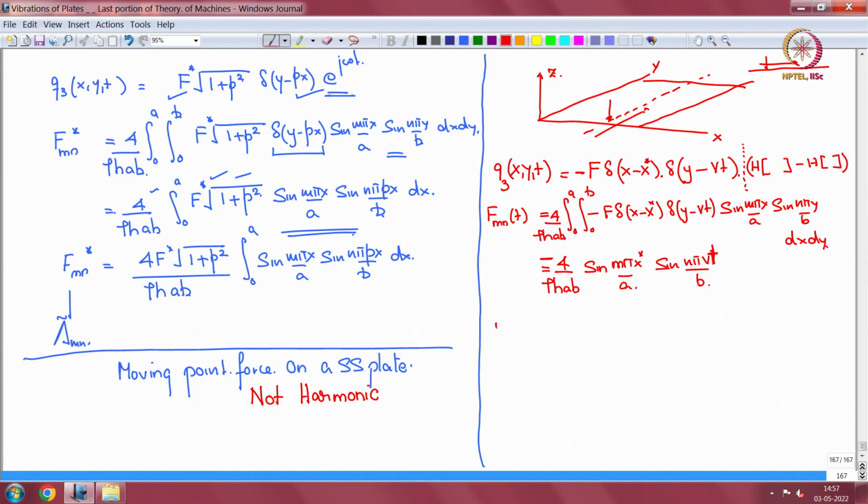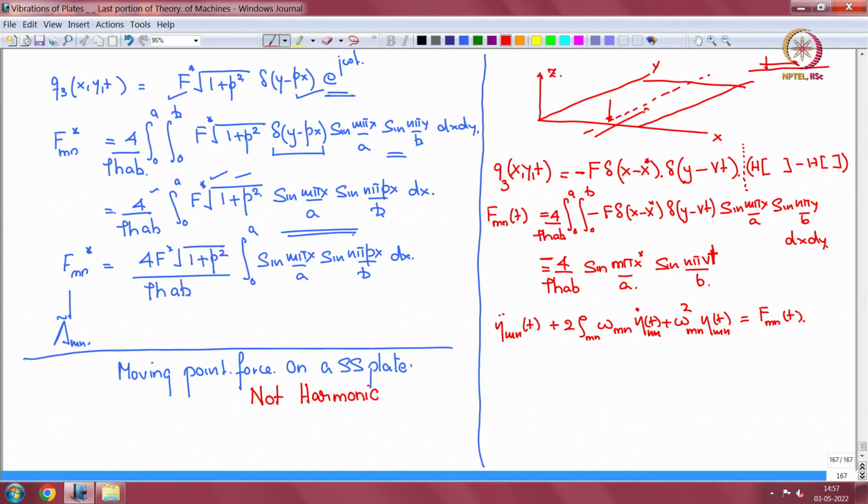So now I have eta mn double dot plus twice zeta mn omega mn eta dot plus omega square mn eta mn, functions of time, is equal to this Fmn of t.